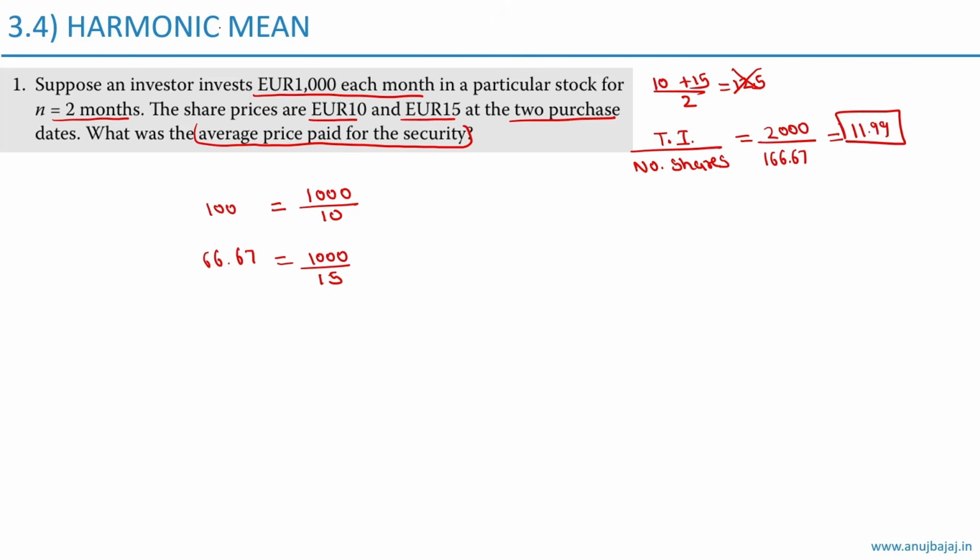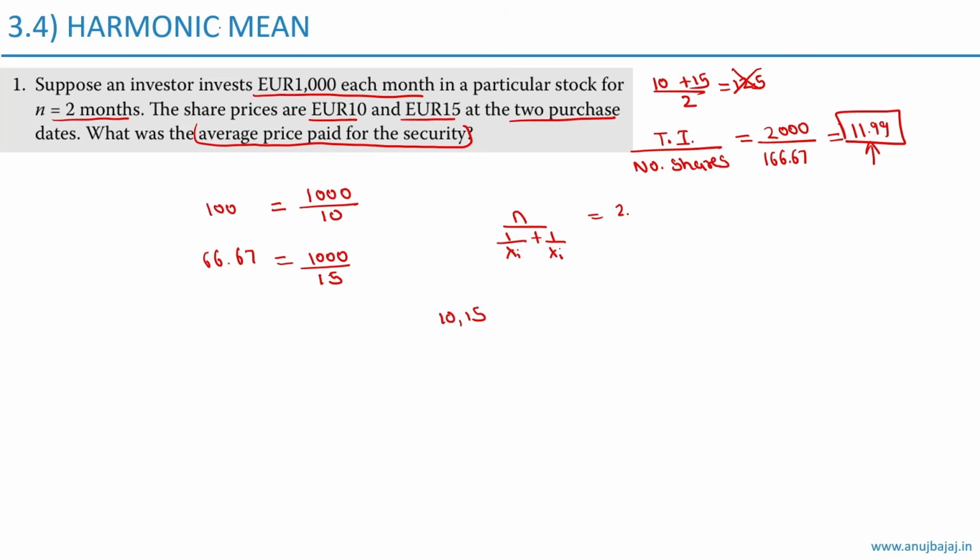And if we use the harmonic mean formula, we will still get the same answer. Let us see. The harmonic mean formula is n divided by the sum of the reciprocals of the observations. In our case, we have two observations, which are 10 and 15.